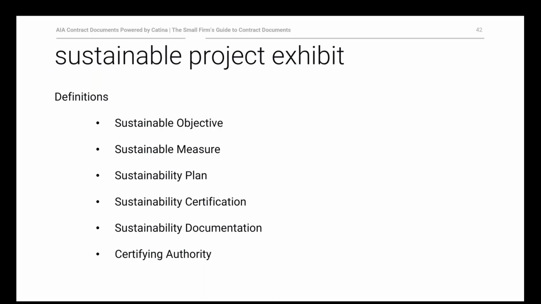You know, do they want reduced energy costs? Do they want some sort of carbon neutral building or environment? Do they want to ensure that certain low VOC materials are used, or etc.? So you identify the sustainable objective, and then parties identify sustainable measures that each of the parties will be responsible for implementing, that if implemented properly should lead to achieving the sustainable objective.